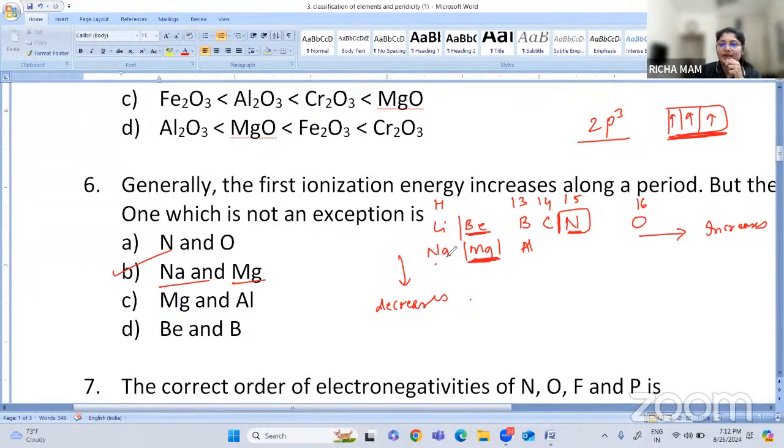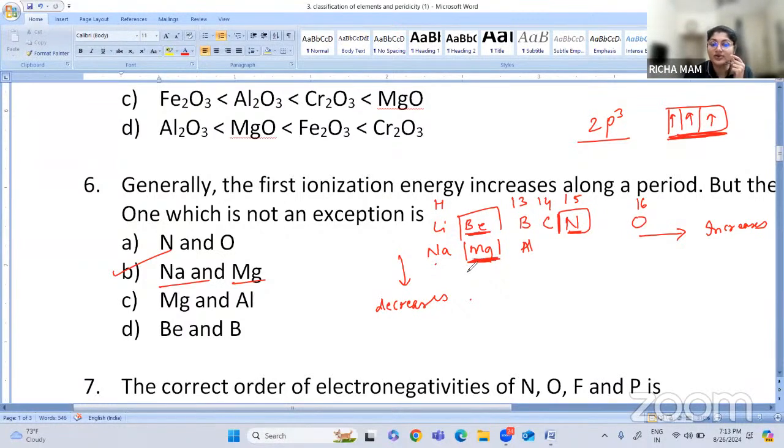Beryllium, magnesium, and nitrogen have higher values than expected because of the stable configuration. Beryllium and magnesium are fully filled.